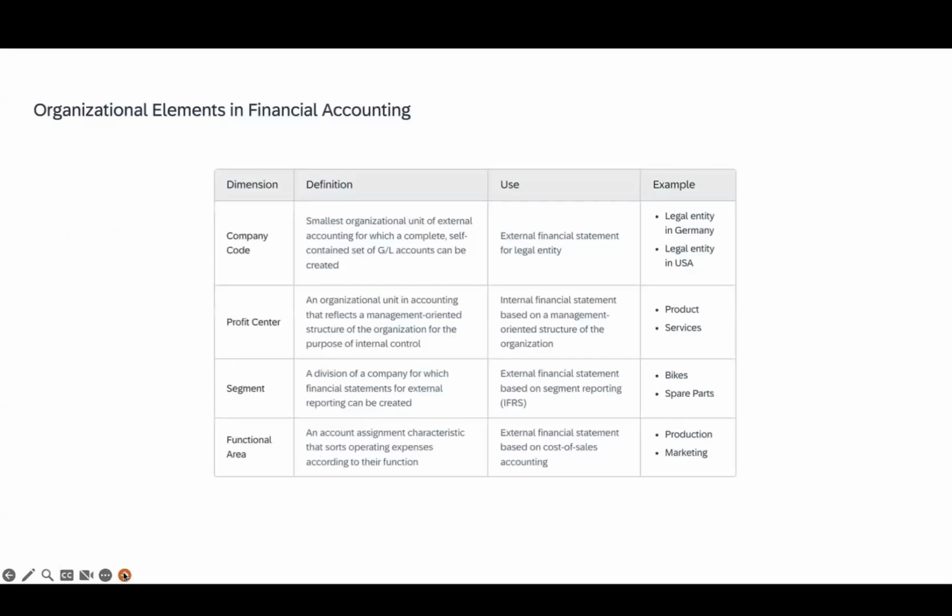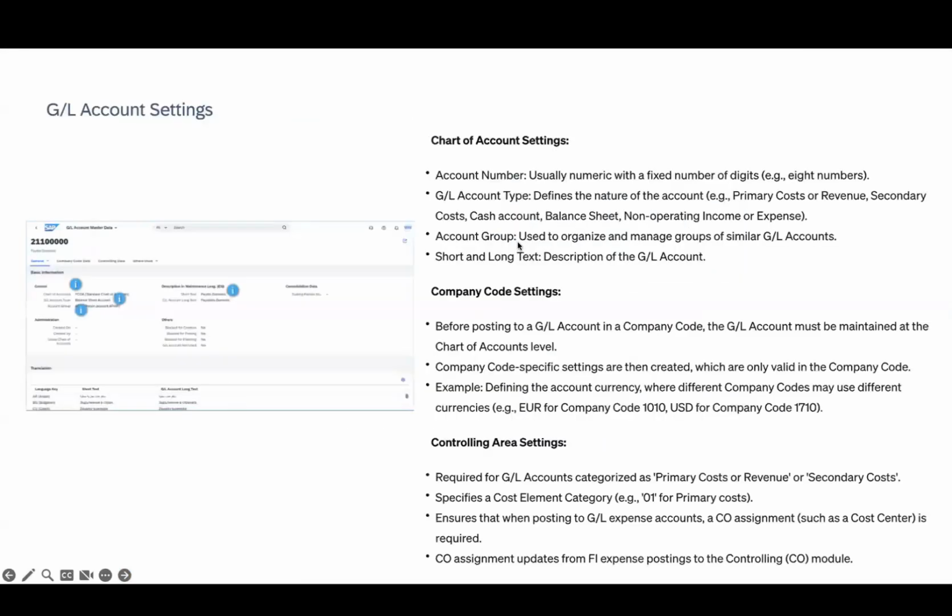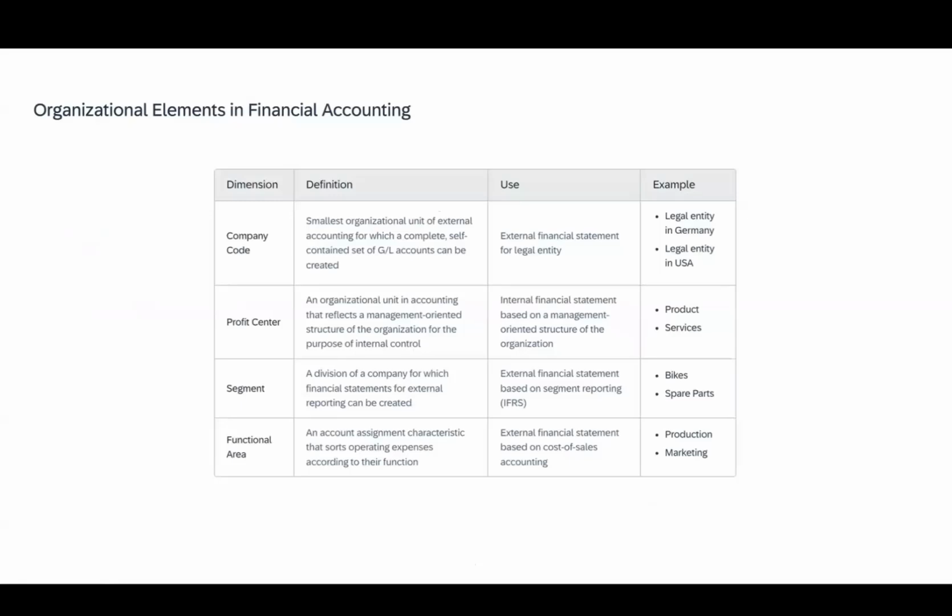So the main organizational elements, we talked about the company codes. We know that a company is going to produce external financial statements. We have profit centers. This is when we start to get to our internal reporting within the system. A good example would be a company that has two profit centers.